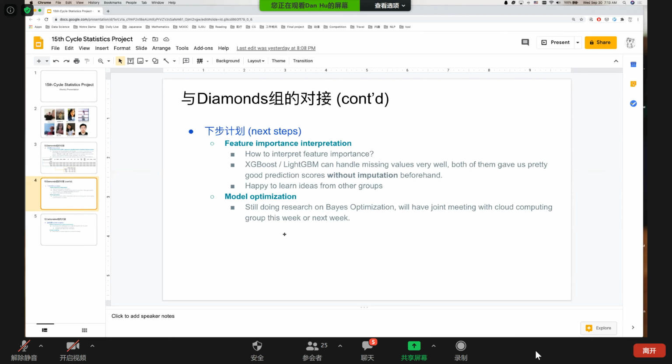But we still have lots of problems in interpreting feature importance. For example, suppose a feature is the top one most important in our prediction, but it has lots of missing values in its original data. How do we interpret the contribution of those missing values?